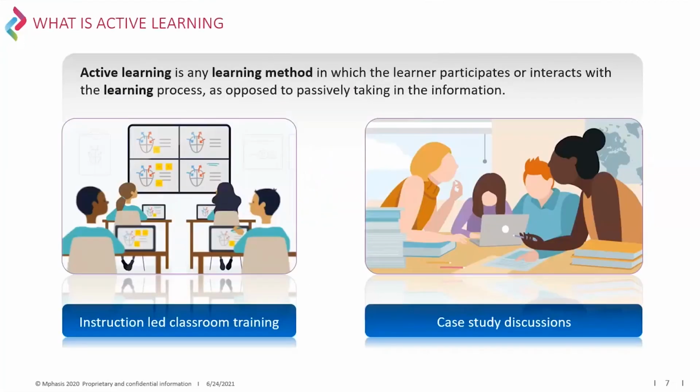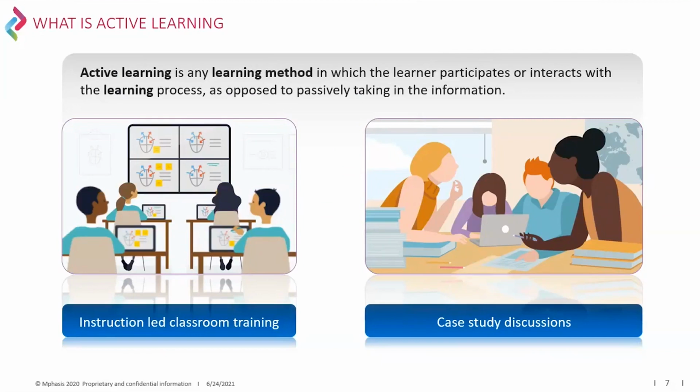So I'd like to first explain what active learning means in very simple terms. Like all of you would have sat through classroom trainings where typically the medium of instruction is one way. It's more passive information absorption, where a teacher is delivering the information and the students are learning from it and absorbing it, as opposed to an active method of learning where there is an interaction between the teacher and the learner involved.